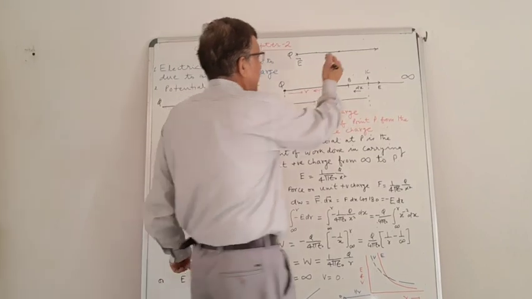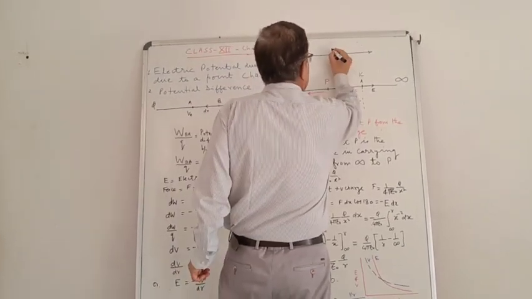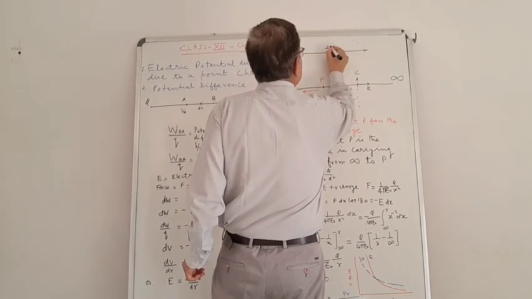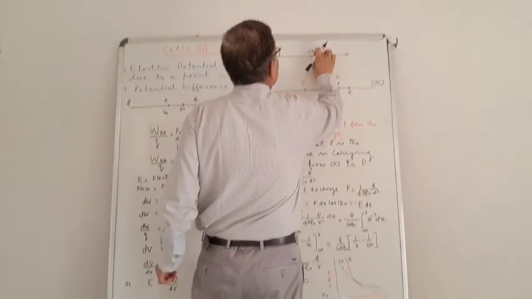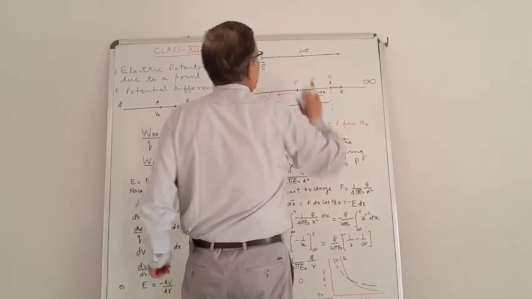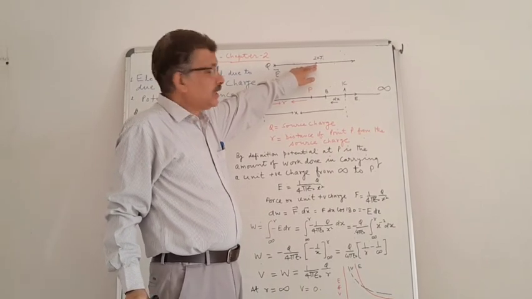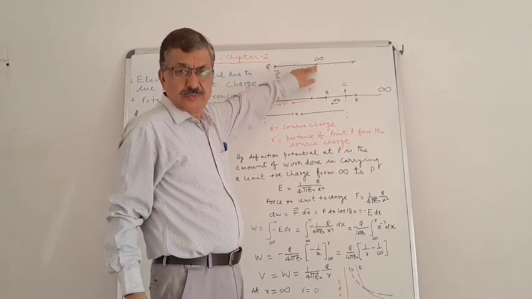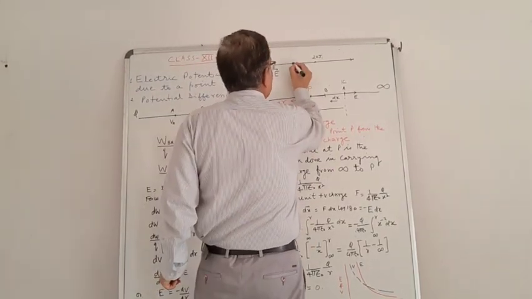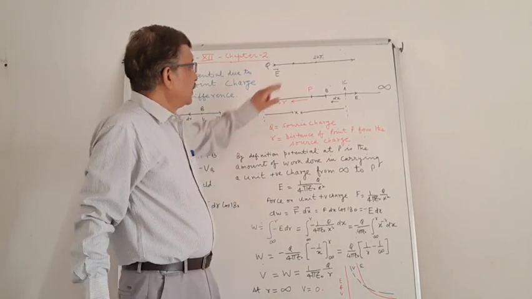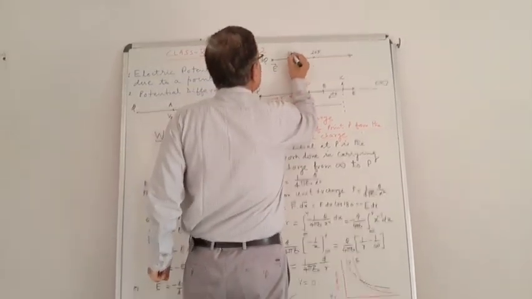Suppose I say at a particular point the energy of a charge is 20 joule, and at another particular point over here the energy is 30 joule.